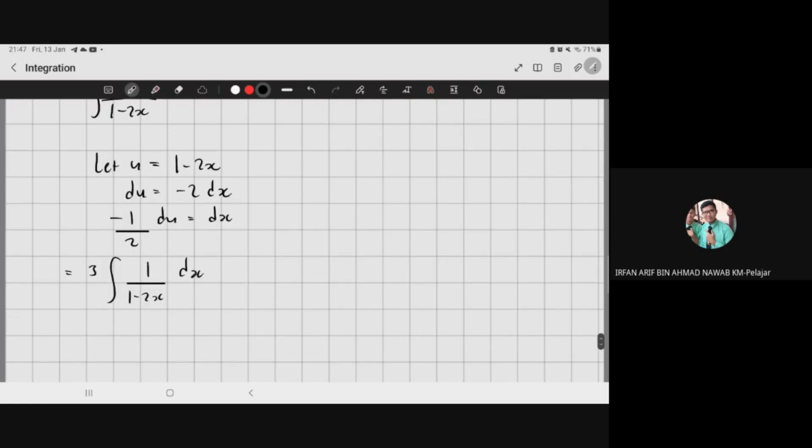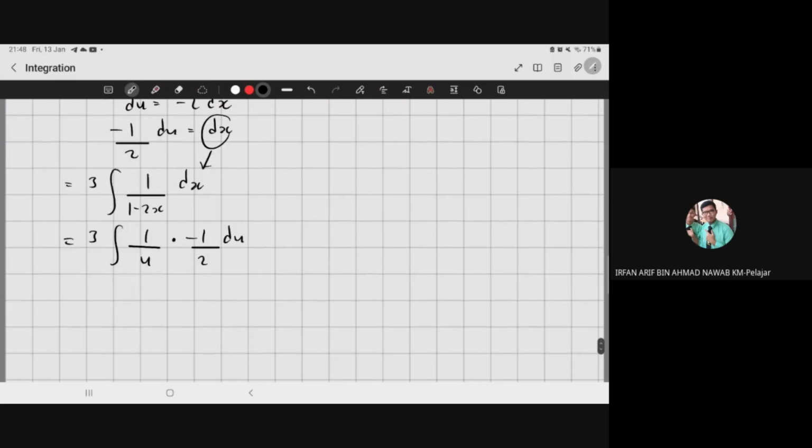Now just substitute: you get 3, 1 over u, multiplied by negative 1 over 2 du. Then simplify this. You know this is a constant, so bring it out of the integral, and you get negative 3 over 2 times the integral of 1 over u du.